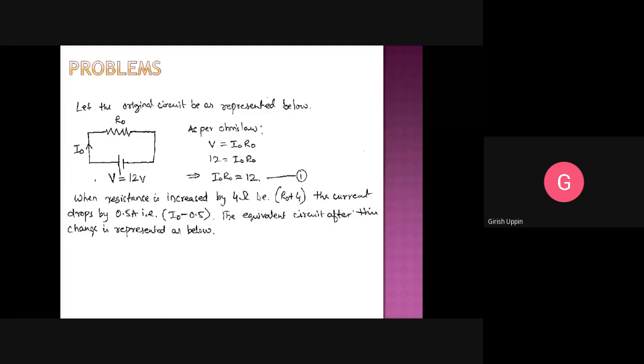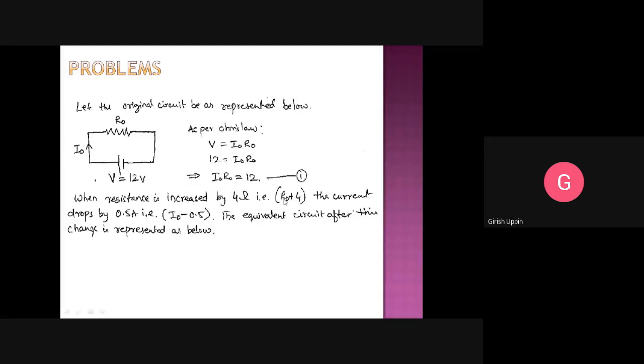What is 12 divided by 8? All of you are having a calculator? 1.5. Okay. So the current here is 1.5 amperes.